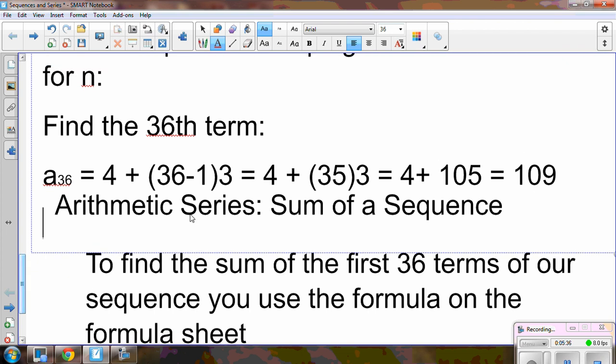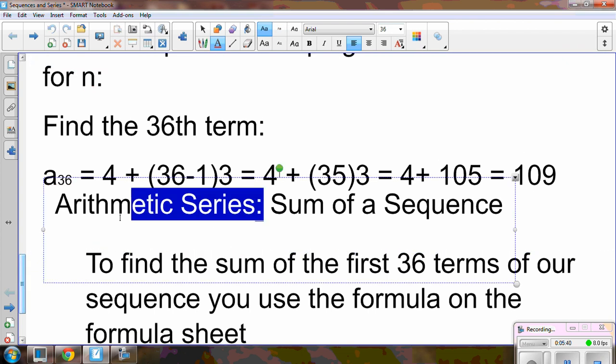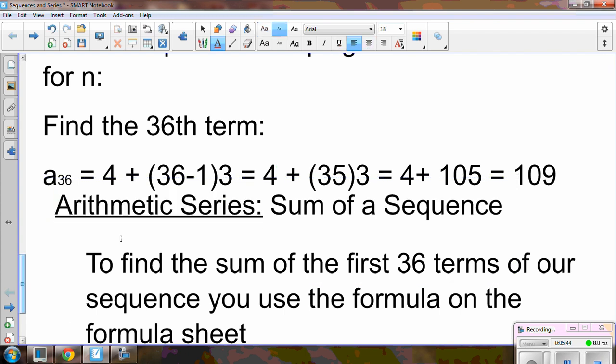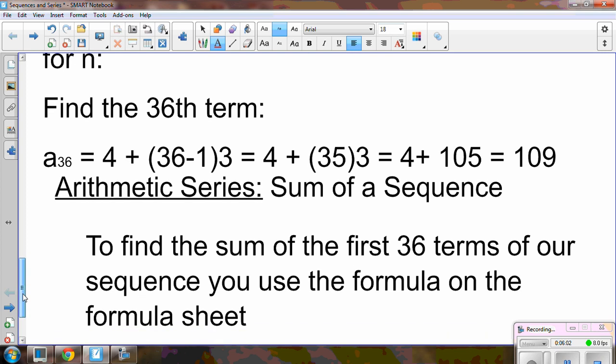Arithmetic sequence or series is a sum of a sequence. So anytime you see this word series, it means that you are adding up the terms of a sequence. So you may see it written as, if we use our original example, 4 plus 7 plus 10 plus 13 plus 16 and so on. And this would be that you are going through and adding up each and every term in the sequence.